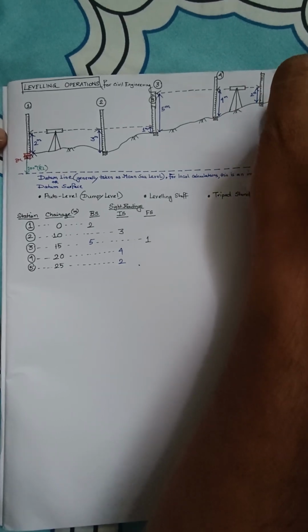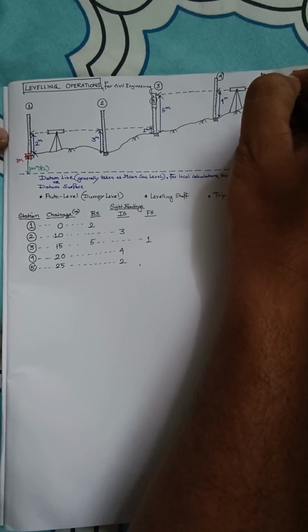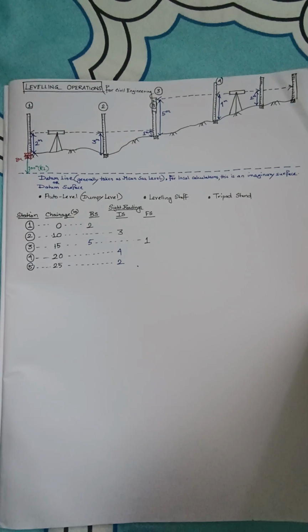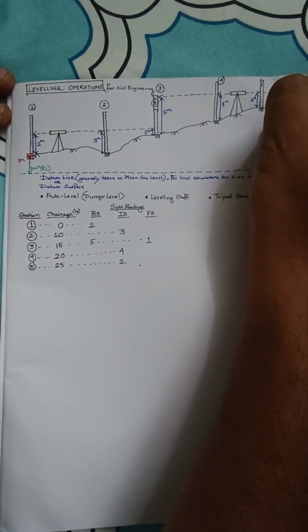Apologies for this indiscreet drawing. I hope I can explain to you in the best possible way with the resources which I have. And obviously it is lesser than 2 meters. We call it, say, 1 meter. So this was station number 5.